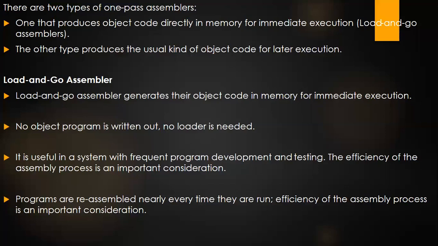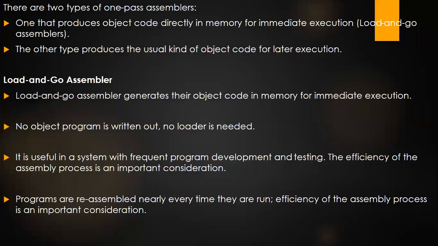Load and go assembler generates the object code in the memory for immediate execution. Whenever we expect immediate execution, this type of load and go assembler can be utilized. This is one more functionality of a one pass assembler. No object program is written out, and no loader is needed.